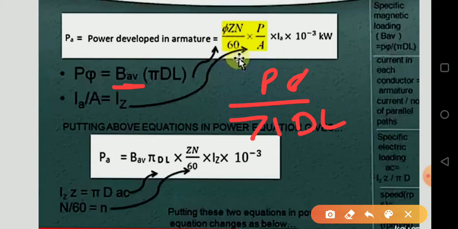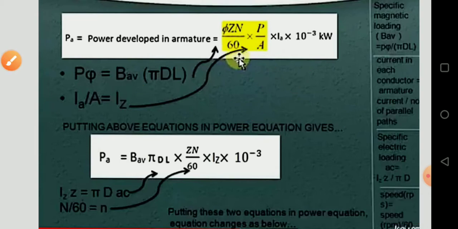So when we calculate the value of P phi, it is BAV into pi DL, and when we divide the armature current Ia by the number of parallel paths, it is Iz. So it is the specific electrical loading.